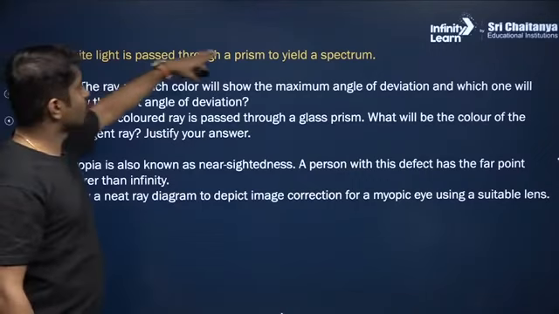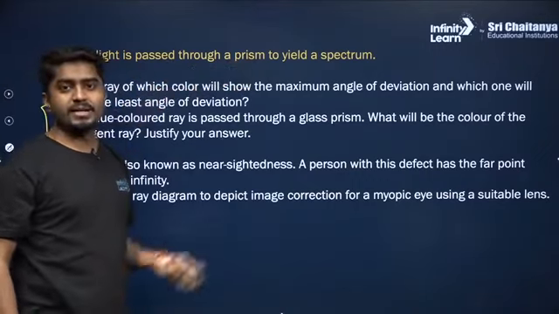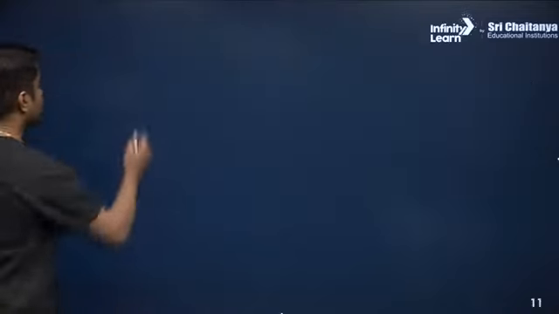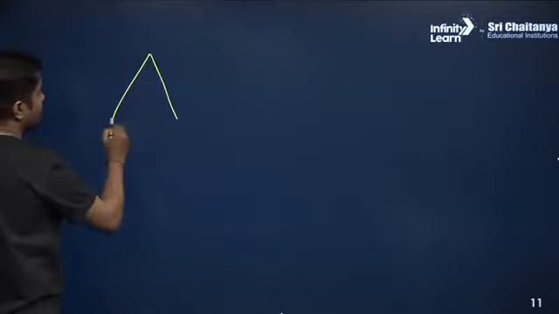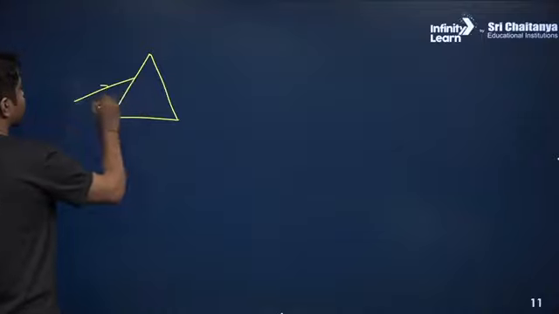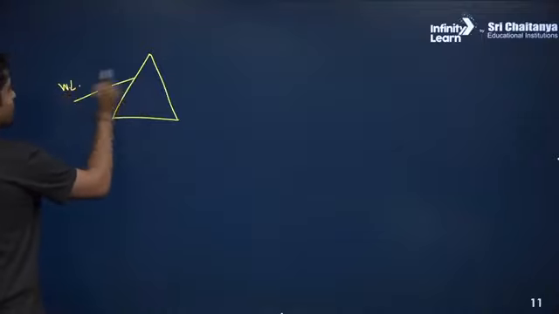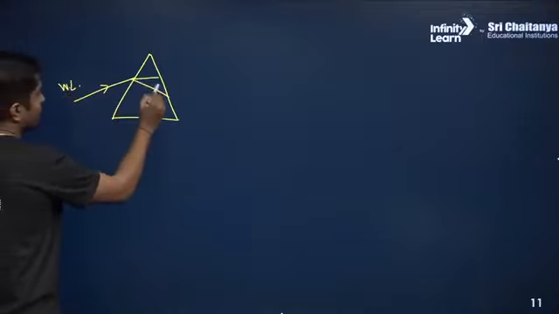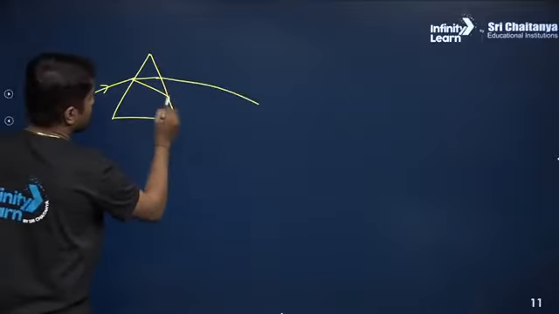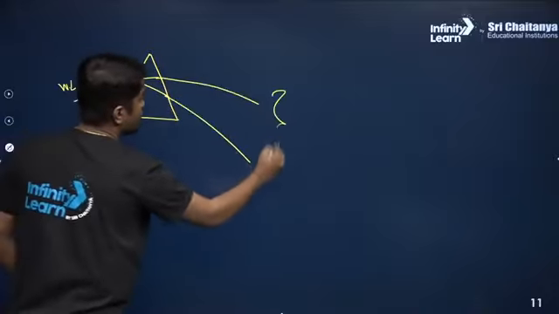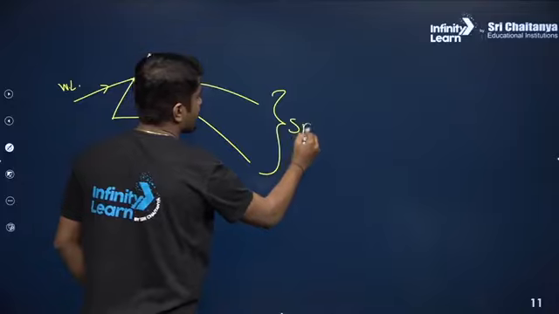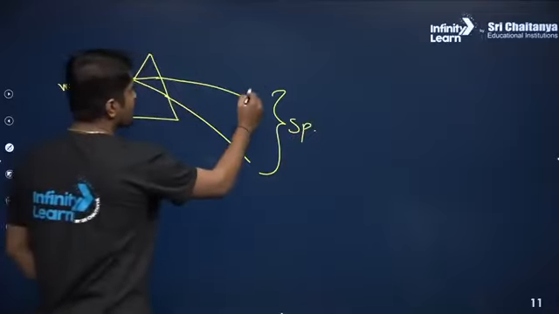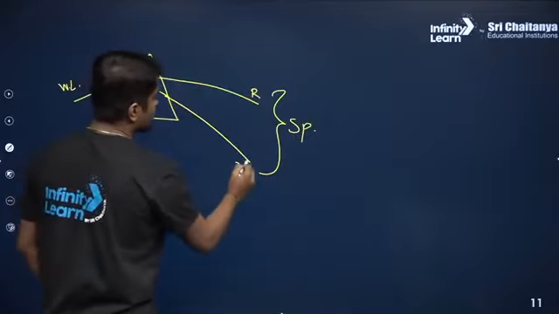White light passes through the prism, yields a spectrum. हमें पता है राइट? अगर कोई प्रिज्म है, if white light passes through the prism, then these 7 colors which is called a spectrum is formed, and the first one is red, last one is violet.